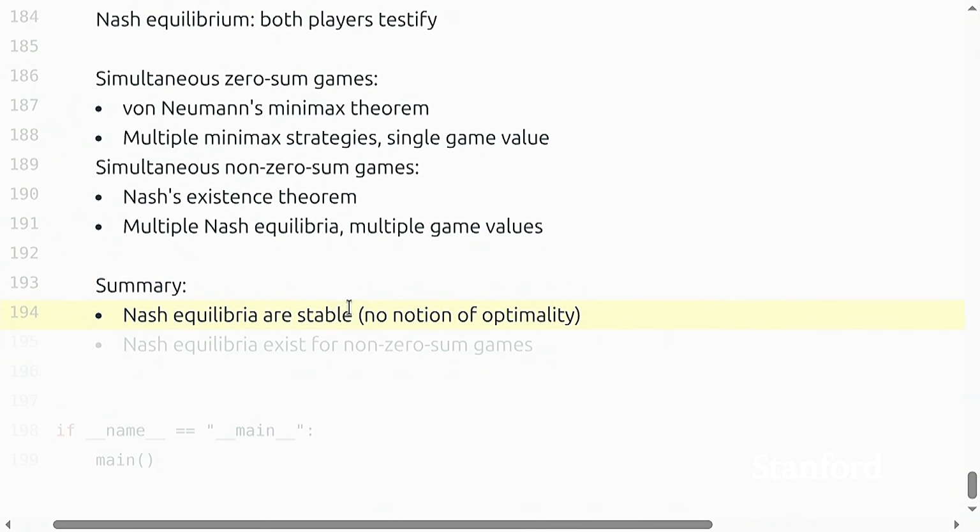They're locally stable, so no individual agent can change something. It's not really about optimality in the same way that we've been pursuing in the rest of this class. And it sort of makes sense because everyone has different utilities. What does optimal with multi-objective even mean? And fortunately, they do exist for non-zero-sum games.